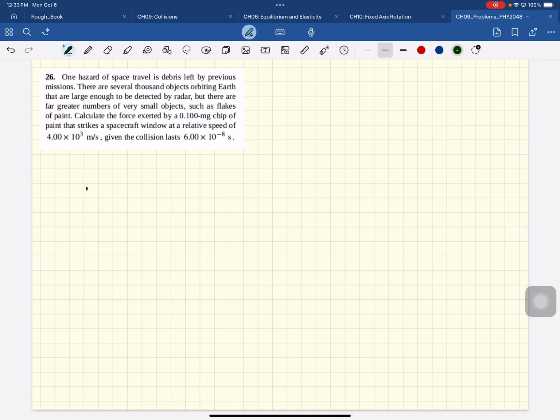Okay, so all right, so you learned in this chapter the force is change in momentum divided by change in time. Okay, so let's say what we'll do is we'll do a mild problem. We'll say this speck of paint hits the spacecraft and sticks to it. So the final momentum is 0. Okay, so we'll calculate the magnitude of the force, which is magnitude of change in momentum divided by the collision time.